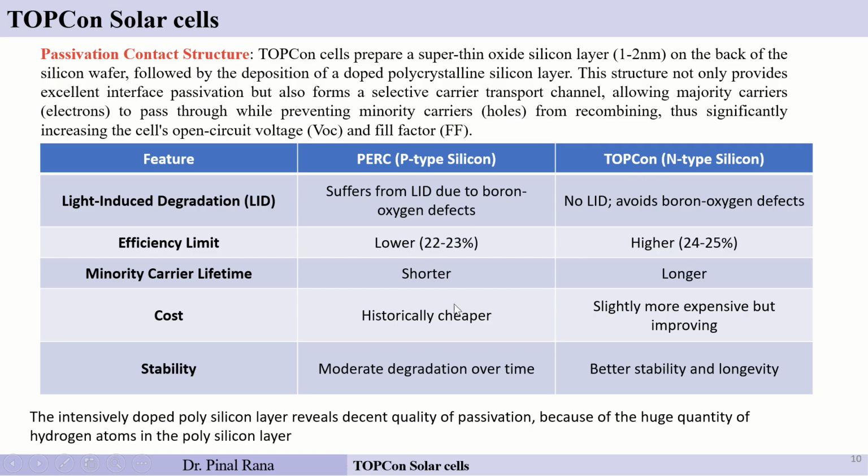PERC cost is historically cheaper, while TOPCon is slightly more expensive, but currently R&D is going on in TOPCon, so hopefully the cost will reduce in the near future. If we talk about stability, PERC shows moderate degradation over time, whereas TOPCon has better stability and longevity.